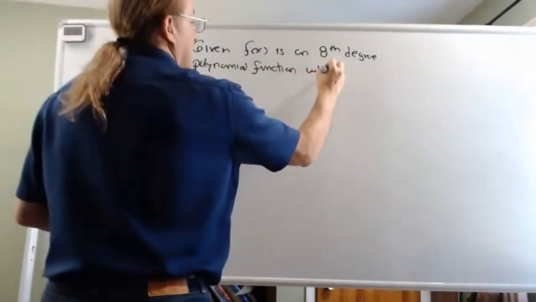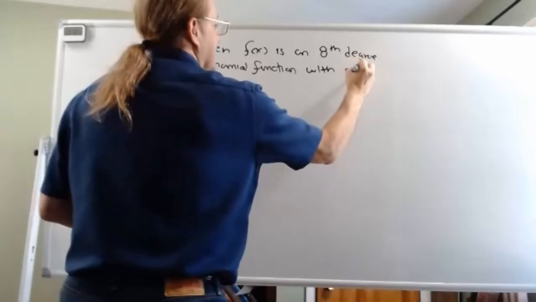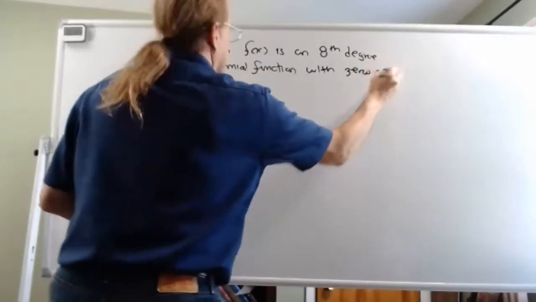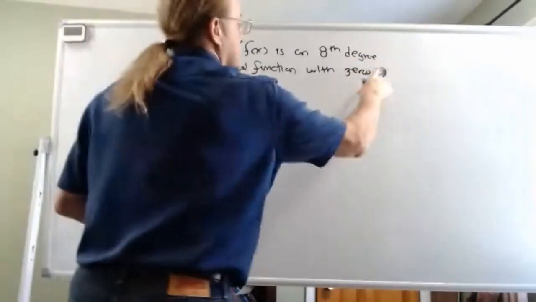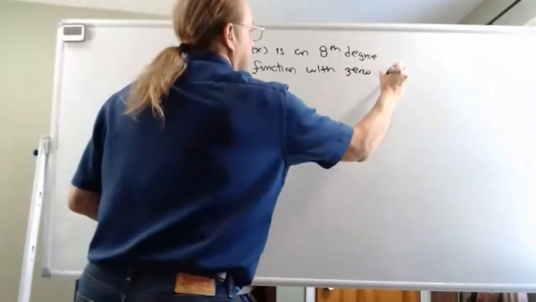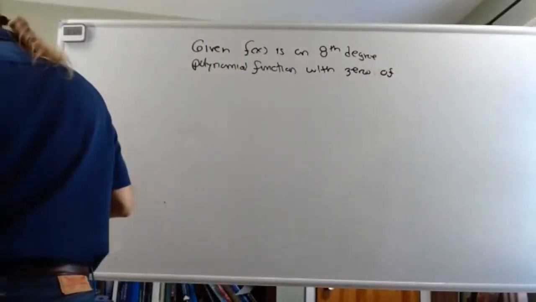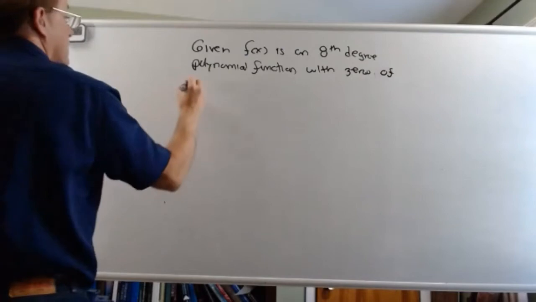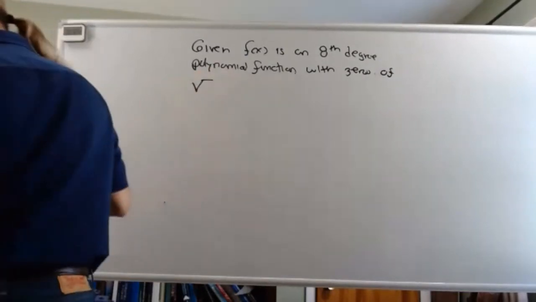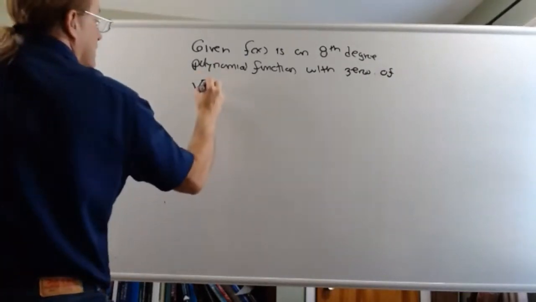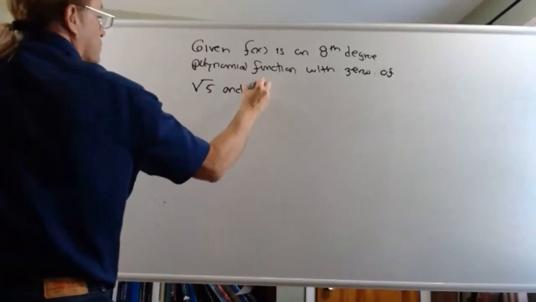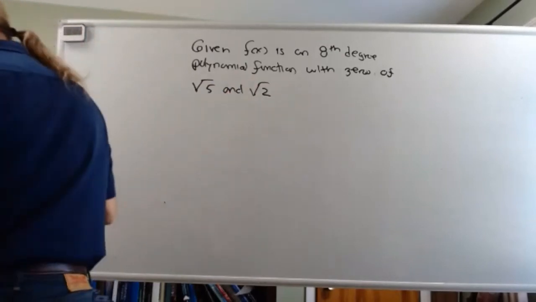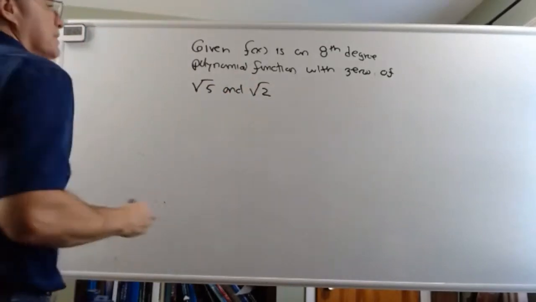With zeros of the following. We have, say, the square root of 5 and the square root of 2, each of multiplicity 1.